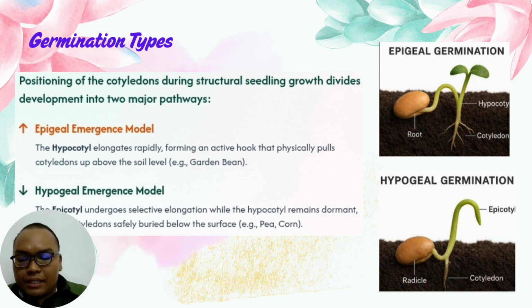For example, the garden bean. Next is hypogeal. The epicotyl undergoes selective elongation while the hypocotyl remains dormant, keeping the cotyledons safely buried below the surface. For example, pea and corn.